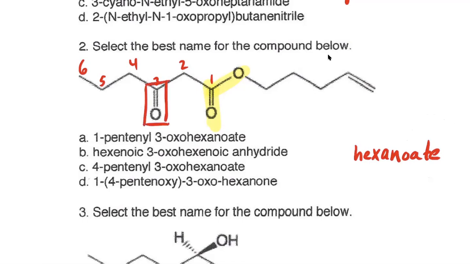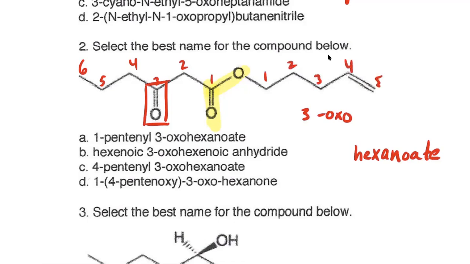And at carbonyl, we have a ketone. So that is a substituent off of our parent. So how are we going to name a ketone when it is a substituent? You should be saying oxo. And where is that oxo group coming off? Number 3. All right.